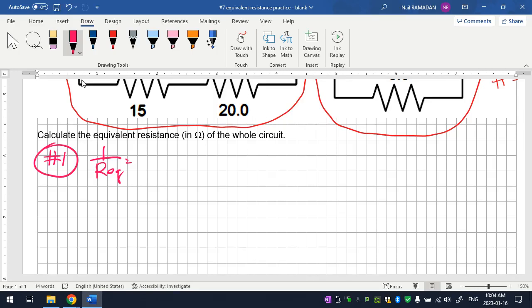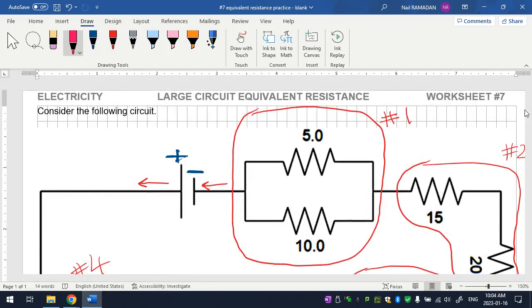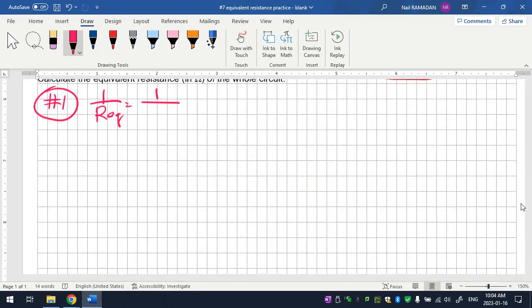So 1 over, what's my first one of that group? You're right. 1 over 5 plus 1 over 10. Okay, keep going. What's 1 over 5 plus 1 over 10? Well, yep, that times 2, and this times 2. So we get 3 over 10.